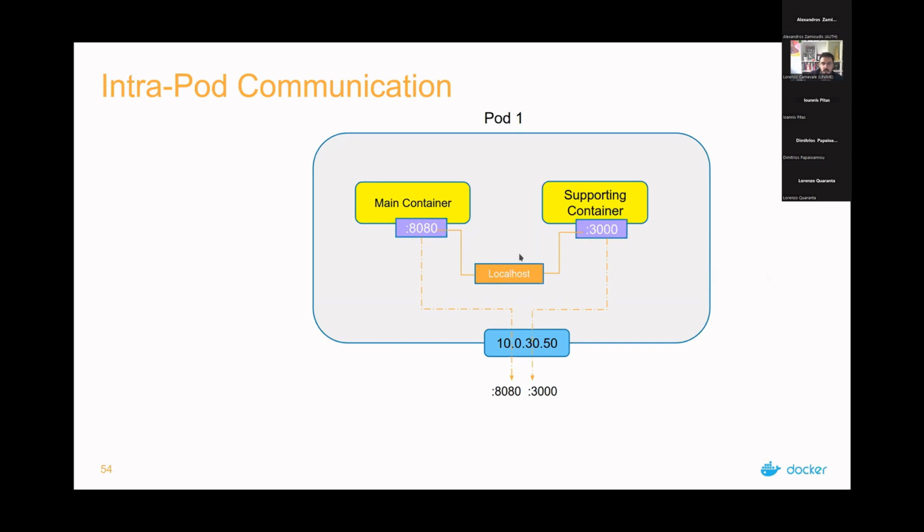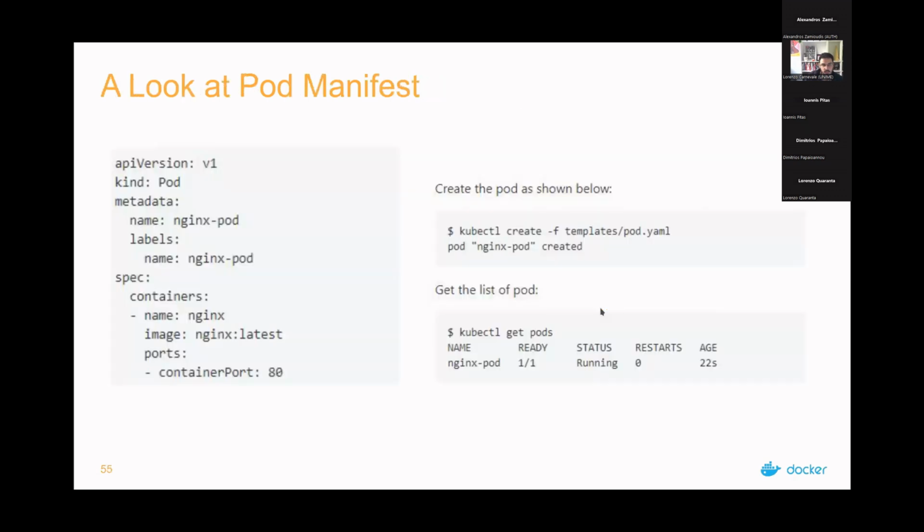So from the supporting container, we use the localhost 3000 to be reached by the main container, and then again we have an external interface with this pod IP, a subnet created in the pod network to communicate with the external world.